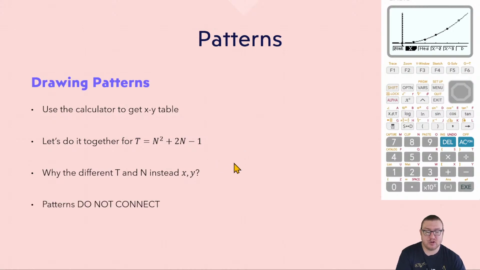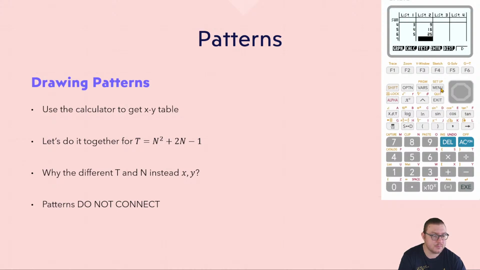Okay, we'll have a look at the patterns that we don't connect in a second. Let me show you again on the calculator. Oh yeah, we still have that calculator up there. Perfect. So now we want to go into menu. There we go.